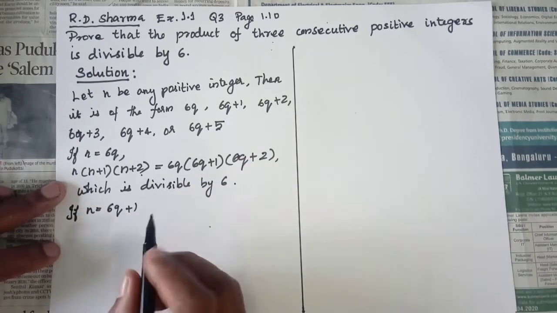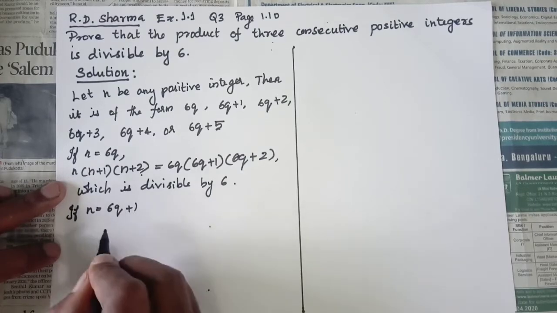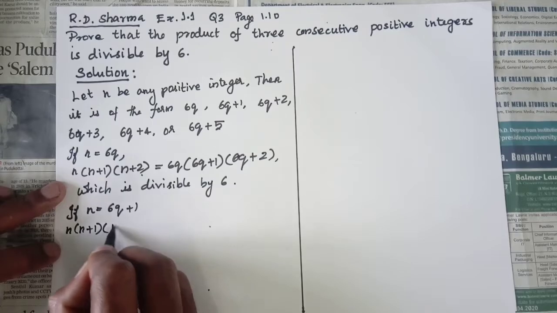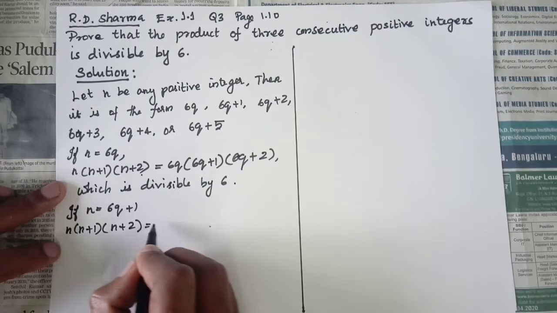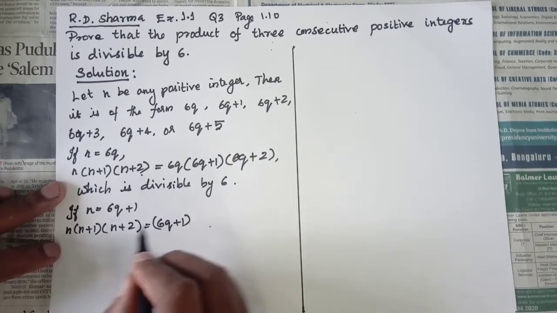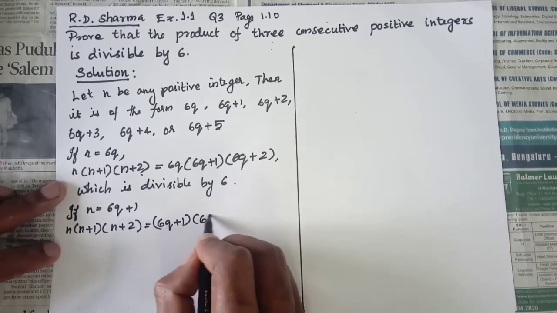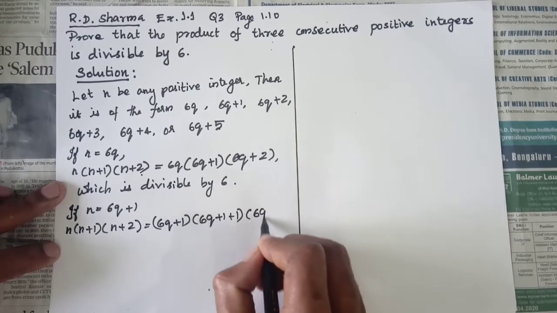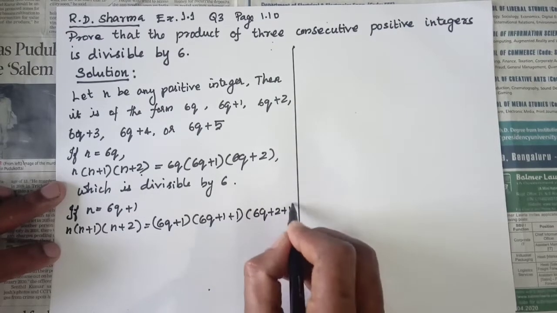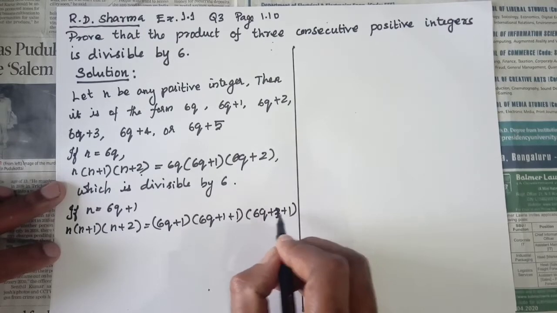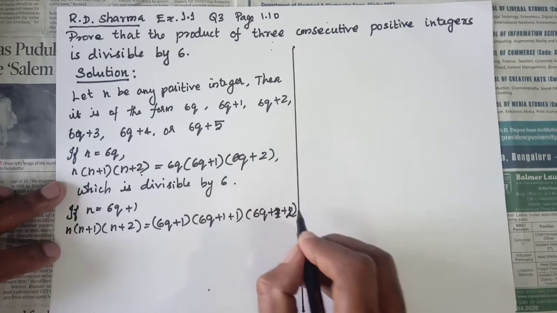Let us take another case, that n is equal to 6q plus 1. Let us see what happens when we take the n value like this. The same n into n plus 1 into n plus 2 is equal to 6q plus 1, that is the n value, then 6q plus 1 plus 1, and here 6q plus 1 plus 2.